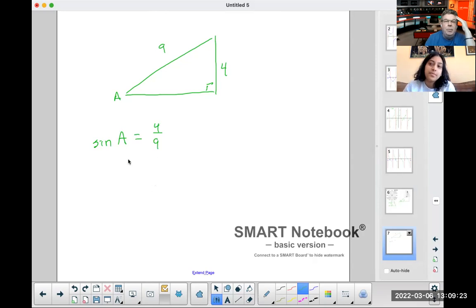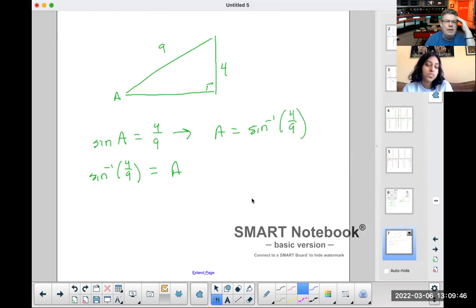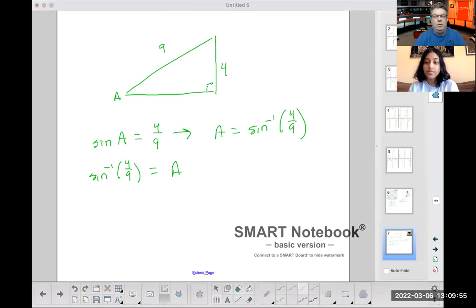But to find A, we ask the inverse sine of 4/9 is equal to A. Now we write it like this: A equals the inverse sine of 4/9. Your calculator has that for you.